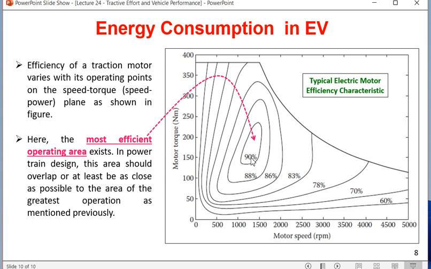At the center position, this is called the 90% efficiency area, the highest efficiency area. The X-axis is motor speed, 0 to 5000. This can also be recalibrated into vehicle speed, from 0 to 200 km per hour or 0 to 180 km per hour, depending on what we have said previously.